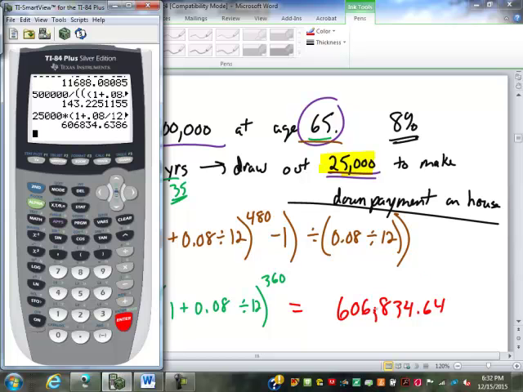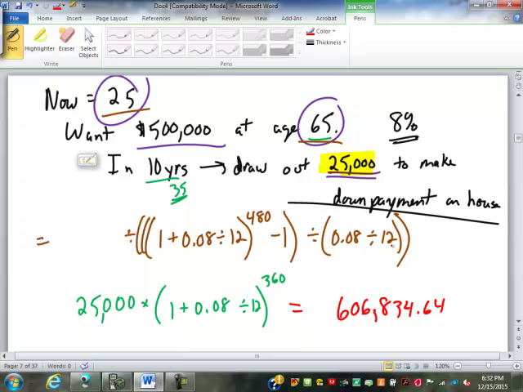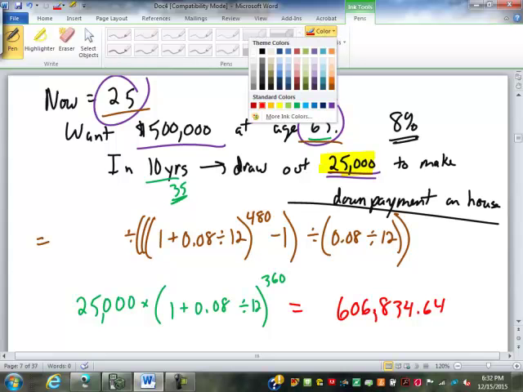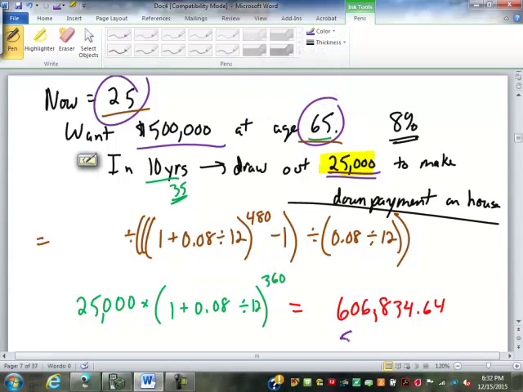So that's how much money that 25,000 you took out decreased your balance by. So we actually have to add that to the 500,000 that we need. So what we're really going to need to have is $1,106,834.64 is what we need to shoot for. So that's what we're going to have to figure our payment off of.